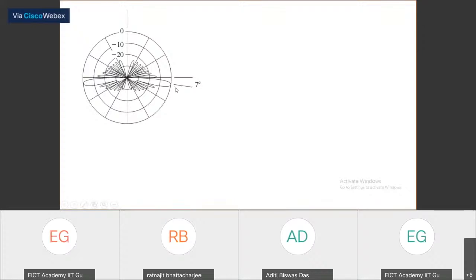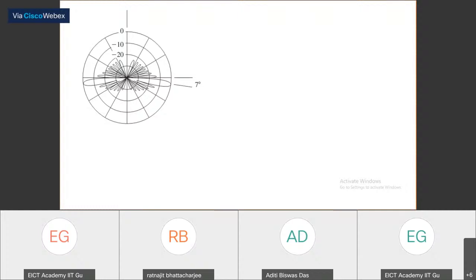And this tilt angle is important. How do you decide about this tilt angle? By appropriate phasing of the elements, you can design this tilt angle by changing the phase of the excitation of the elements of the array that you are using in the base station.